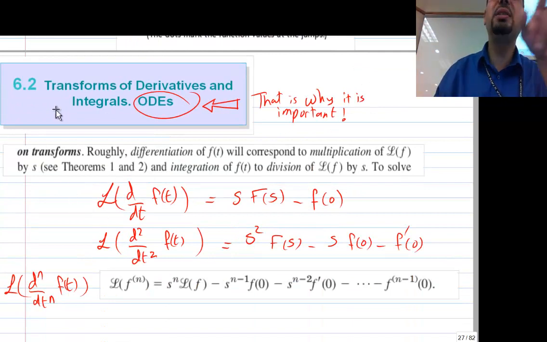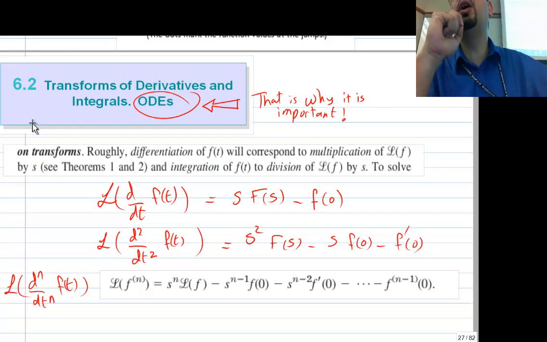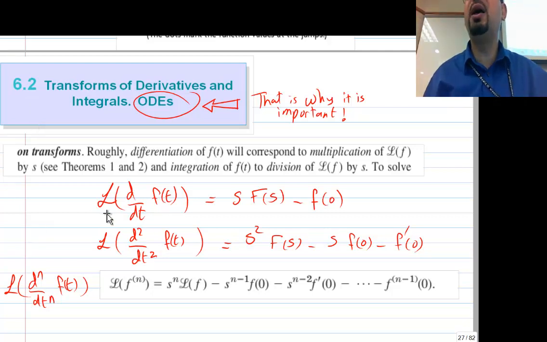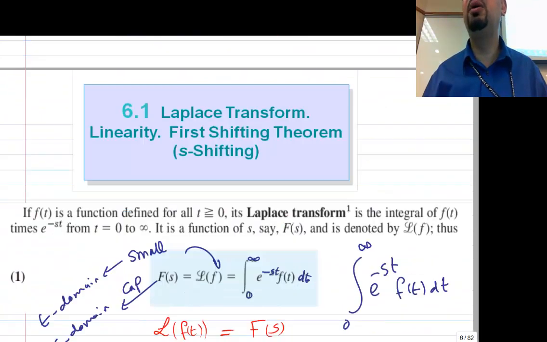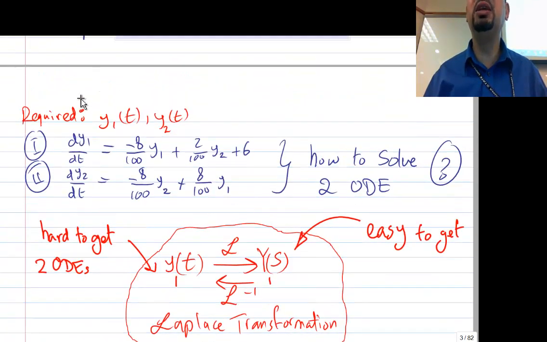Right. Now, this section, 6.2, is very useful for us solving ordinary differential equations, because of the Laplace of a derivative, d by dt f of t. That's what we really need to solve an ordinary differential equation. Remember, we will end up with dy by dt equals something, so we need the Laplace not of y, but of dy by dt.